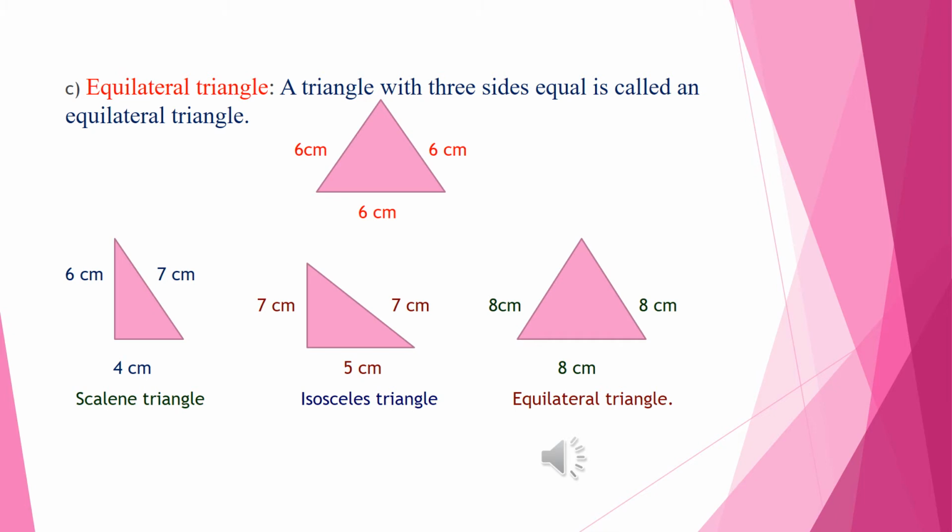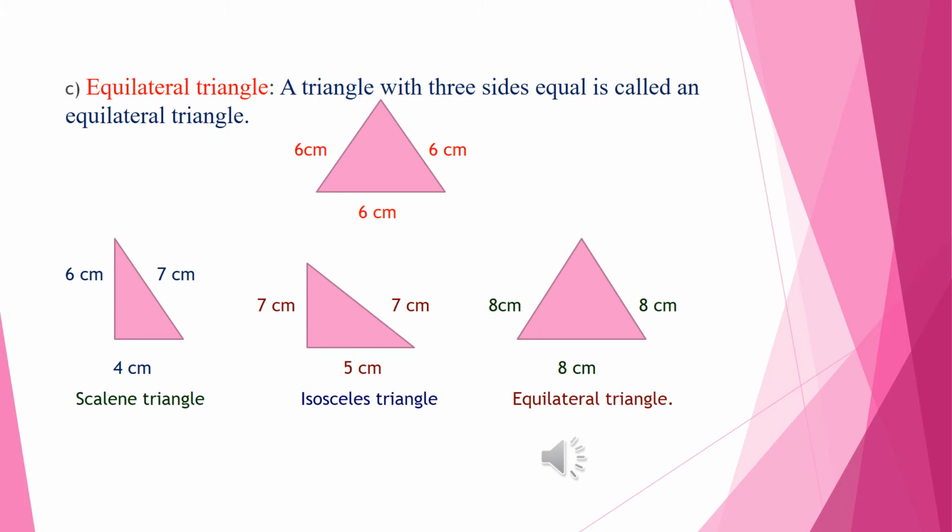Given below are some examples of scalene triangle, isosceles triangle, and equilateral triangle. In the first triangle, all the three sides are unequal, that is 6 centimeters, 7 centimeters, and 4 centimeters. So it is called a scalene triangle.